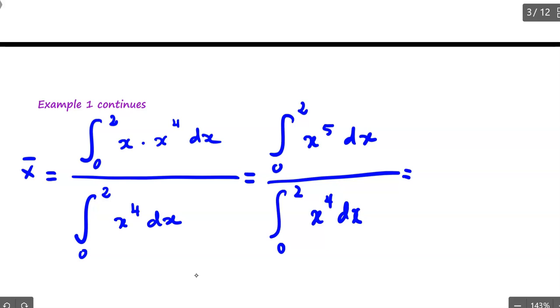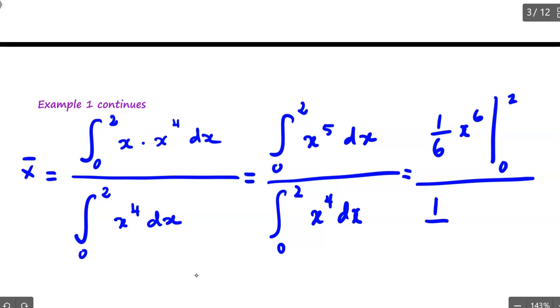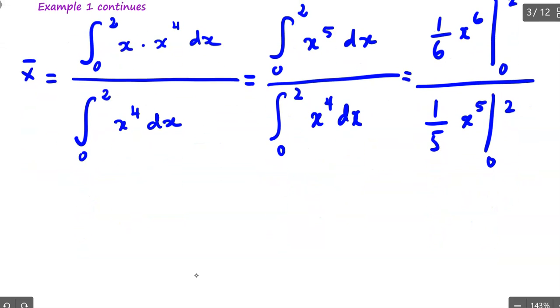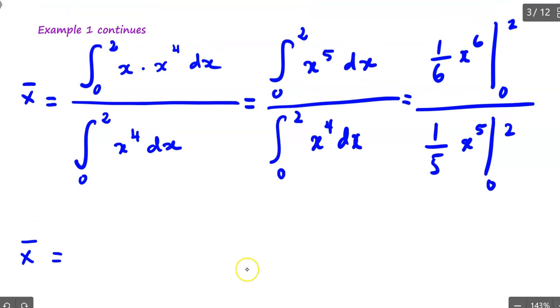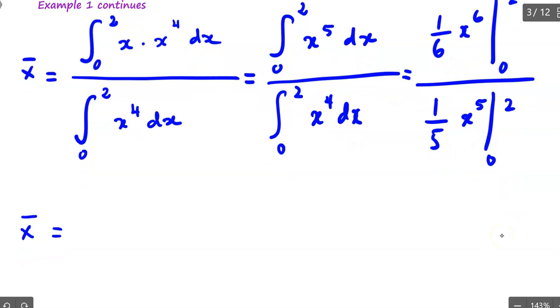Okay, so the integral of this should be 1 over 6 x to the exponent 6, evaluated from 0 to 2. The integral of this should be 1 over 5 x to the exponent 5, evaluated from 0 to 2. Okay, so now my x bar will be equal to, so now you know that f of 0 is equal to 0, and f of 0 is equal to 0 in this case as well.